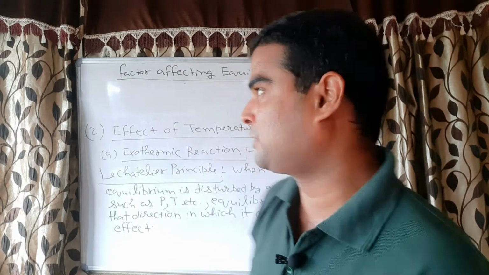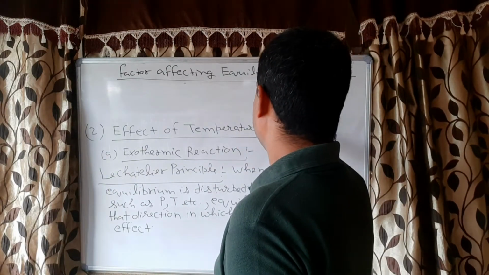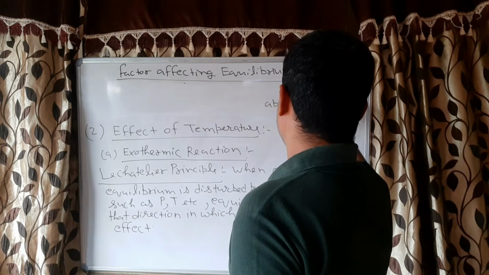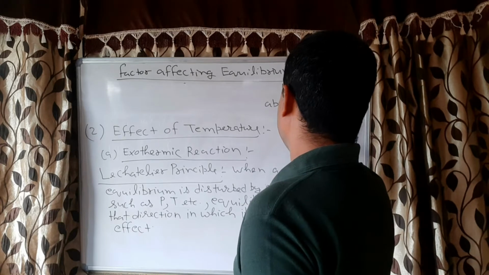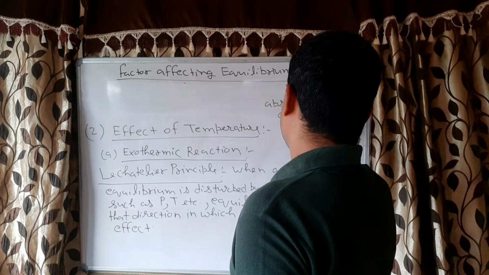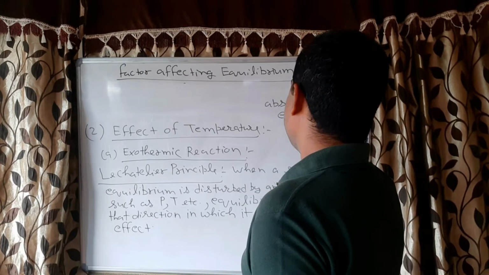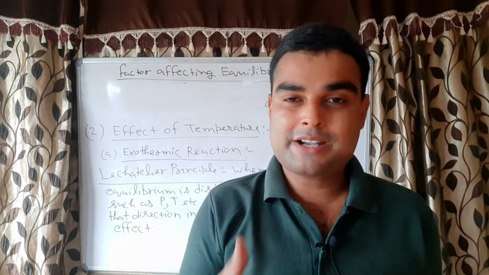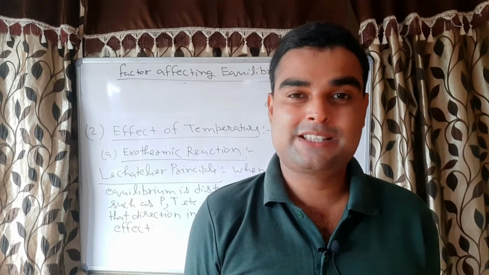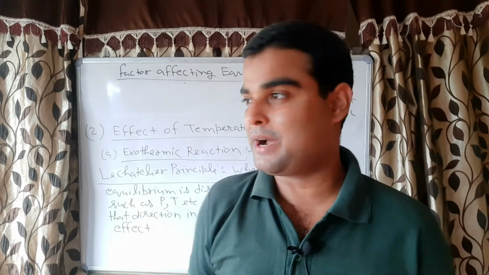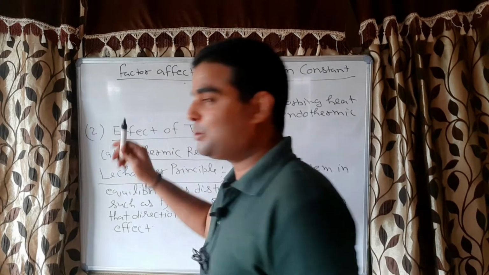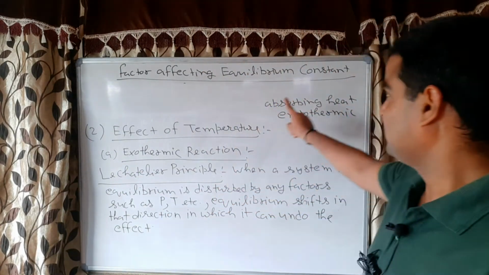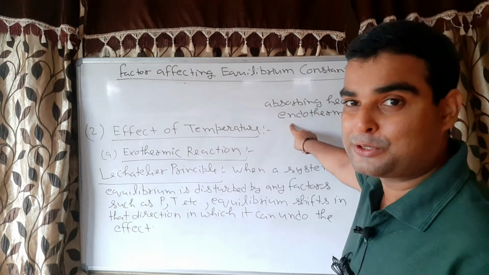Absorb means endothermic. Absorbing heat means endothermic. Because when system will absorb the heat, then only the quantity of heat will decrease, means then only it will undo the effect.